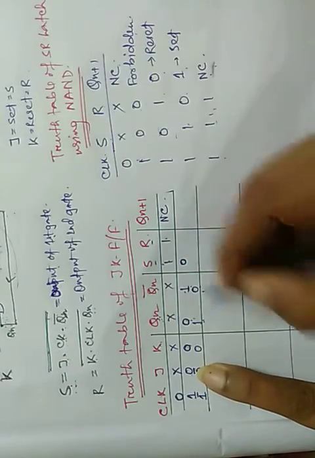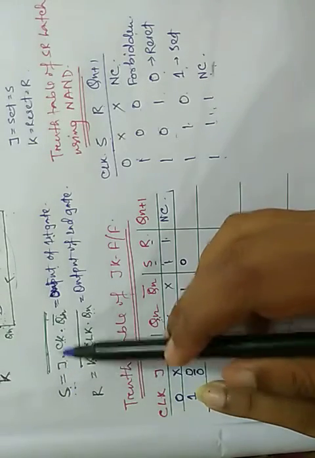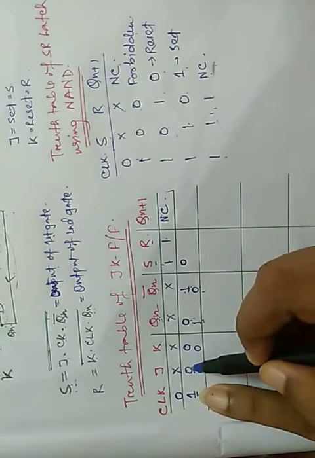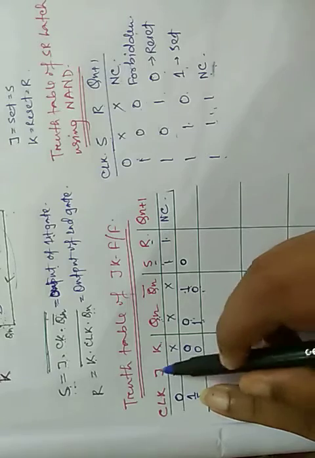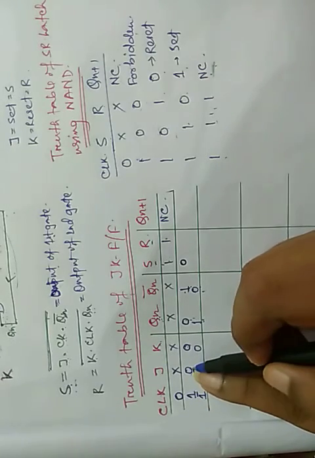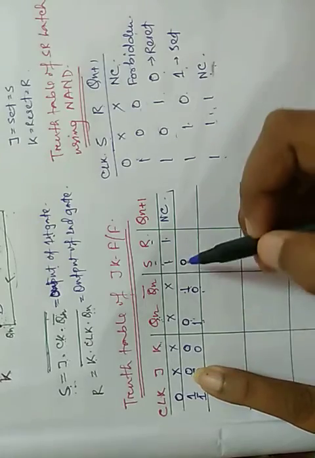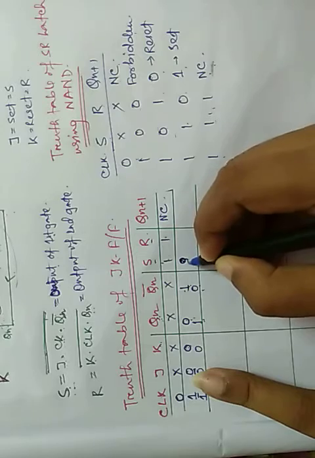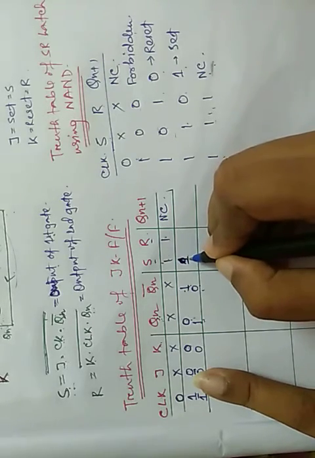So S is 1. Clear? As S is the NAND operation of J clock Qn bar, we have to check the J value, clock value, Qn bar value. You can see that here the J value is 0. That means one of the input signals is 0. So the output must be 1, not 0. If one of the input signals is 0, then the output is 1.